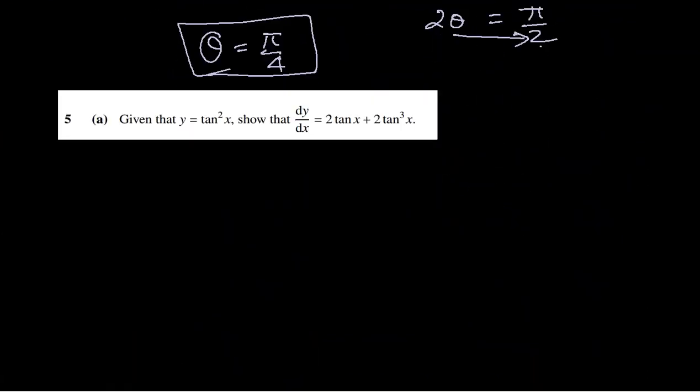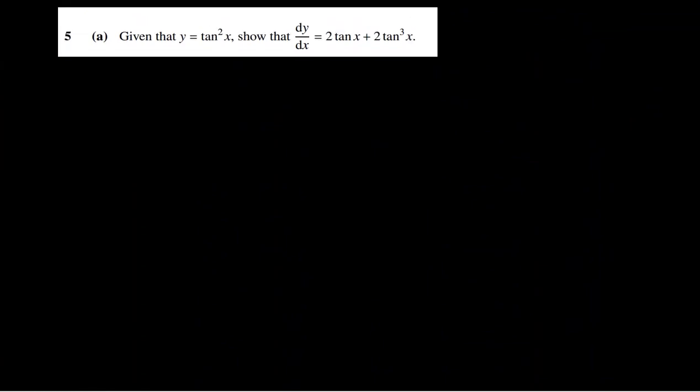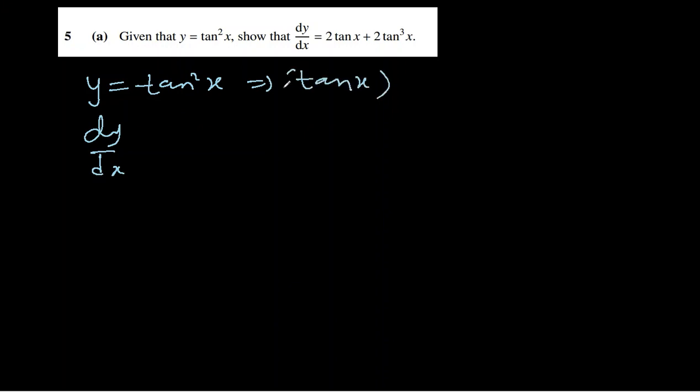Next one. Given that tan square x equal to y, again a trigonometric equation, but the question shows that its differentiation is needed. So y equal to tan square x. We want to find the differentiation of this. Tan square x can also be written as tan x to the power 2, it is the same thing.